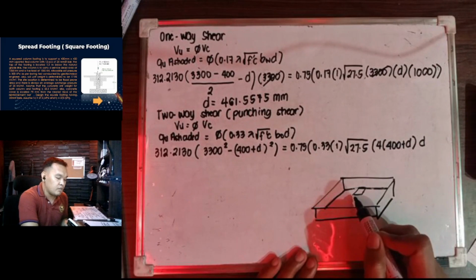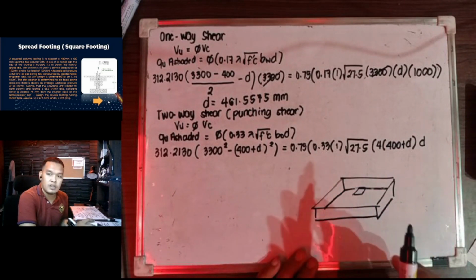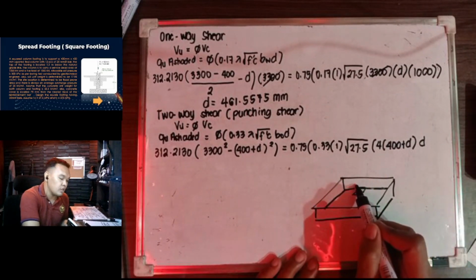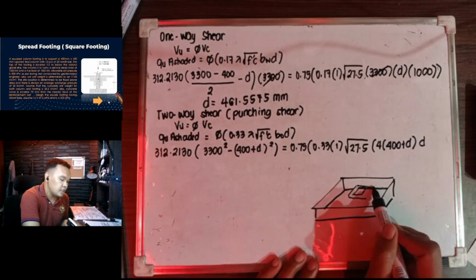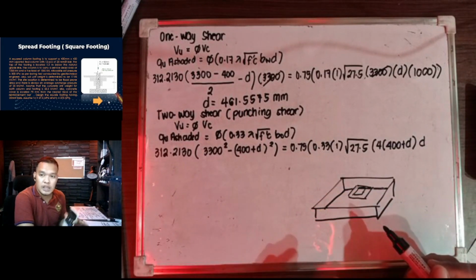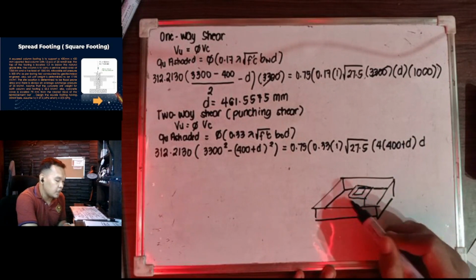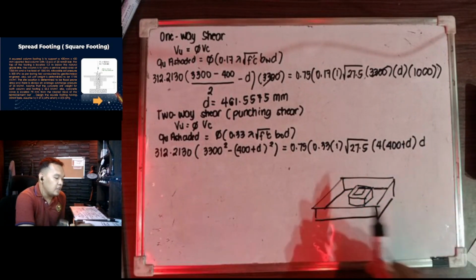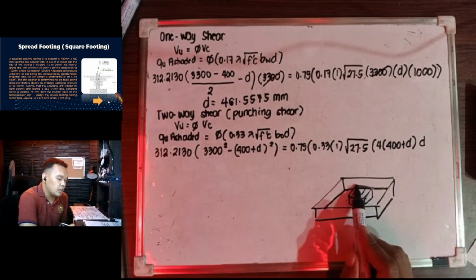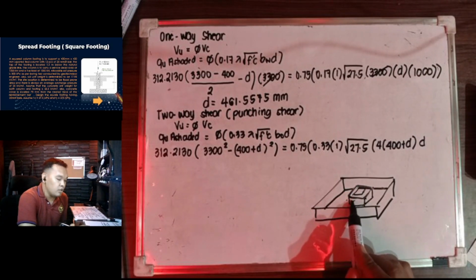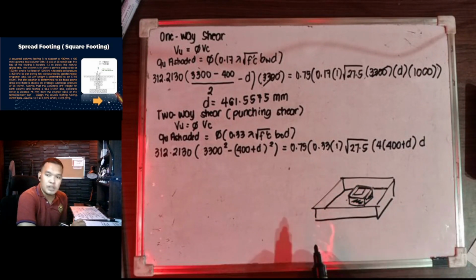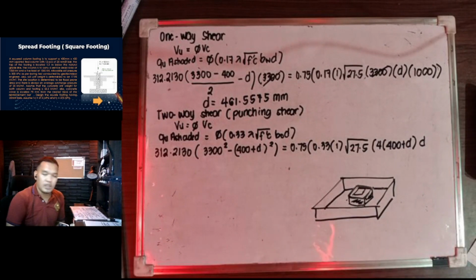So, yung area kung saan distance half D from the face of the column. So, ito yon. Then, yung masisira kasi, yung masishear dyan is itong nanditong part na yan. So, kailangan yung perimeter, tapos yung itong dimension na yan, no? So, I do hope na nagigets ninyo, no?